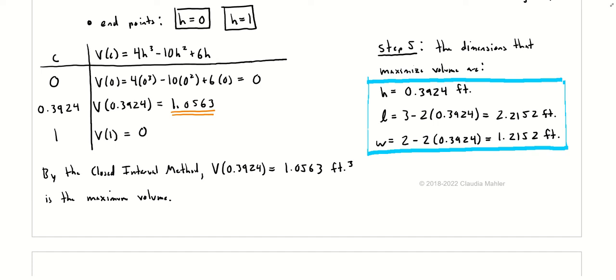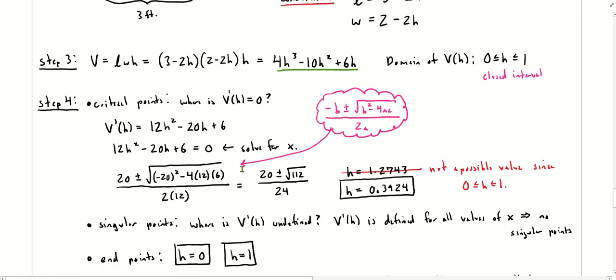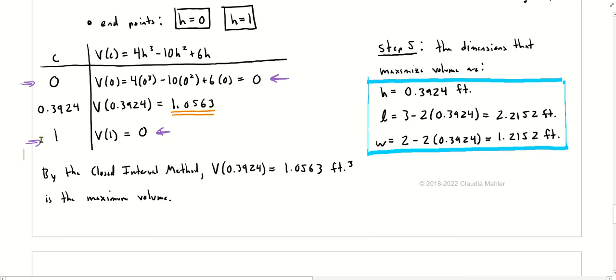And if we just take a quick second, note these other two values that we got from this table, this 0 here and this 0 here. These make sense for the volume to be 0 when the height is 0 and the height is 1. Because if the height is 0, go back up to our picture, we just have the flat cardboard, right? We just have length times width. There's no volume. It's just a flat piece of cardboard, so volume is 0. Same thing when h was 1.